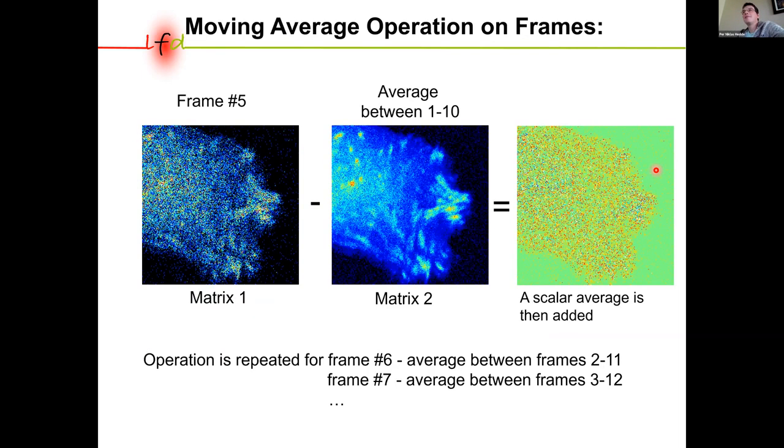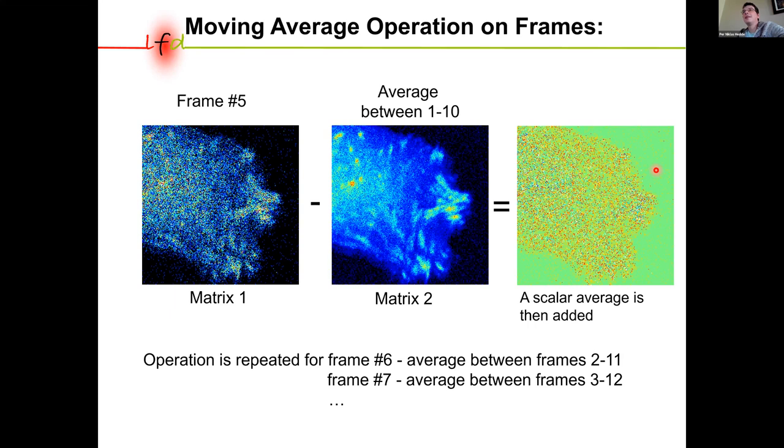So how does that work? Well, instead of taking just the average of the entire image stack, so average frames 1 to 100 and subtract that, we split it up. We calculate, for example, the average only between frames 1 to 10. And then we subtract that from, let's say, frame 5.